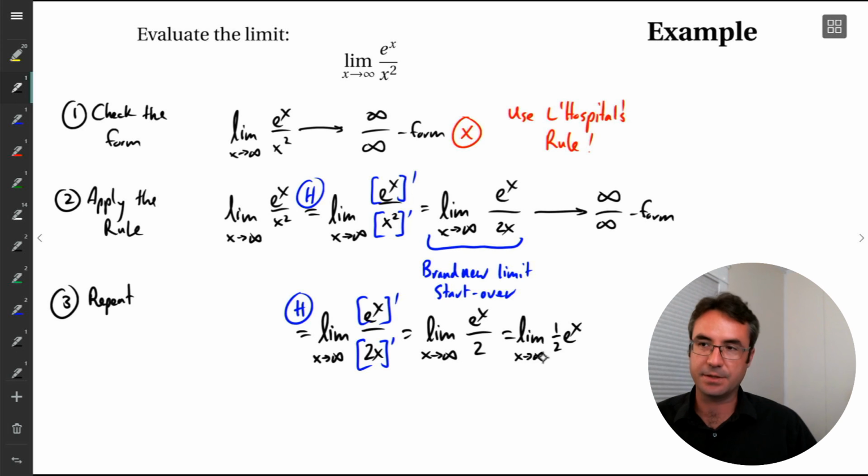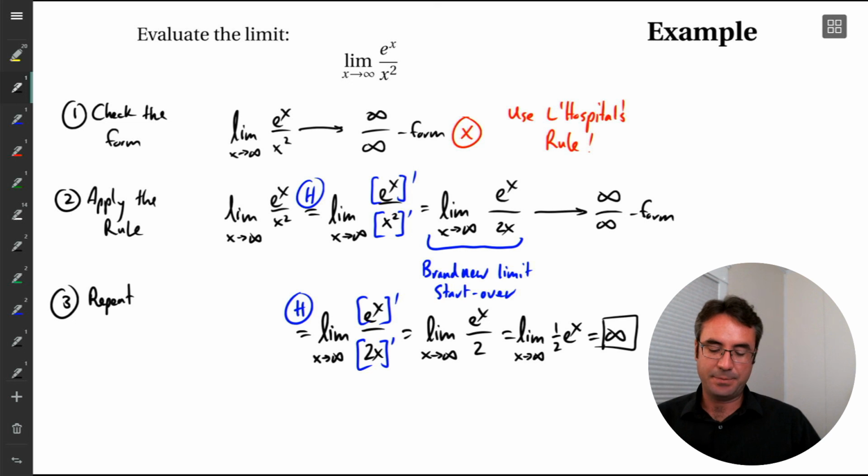And so if x is getting really big, e to the x is getting really big. And then we're multiplying it by 1/2, but the result is still a really large number. And so this is an infinite limit. So we get it to a point where this e to the x over 2 is an infinite limit. It's not an indeterminate form, so we actually know what it's doing. So there we go. We have our answer now.